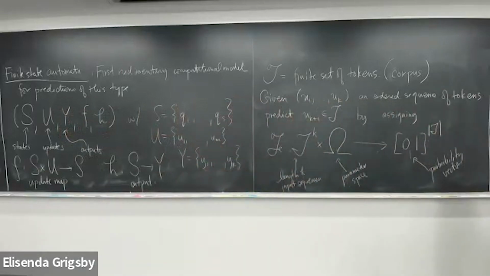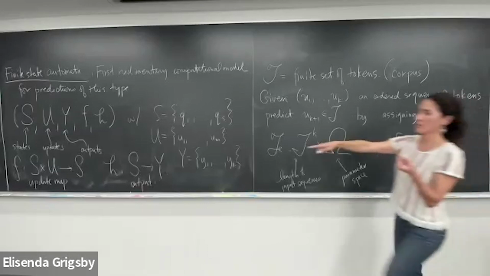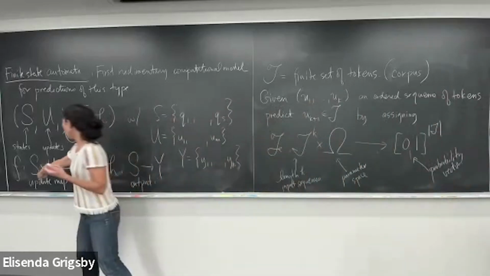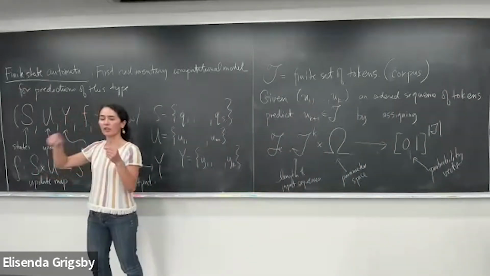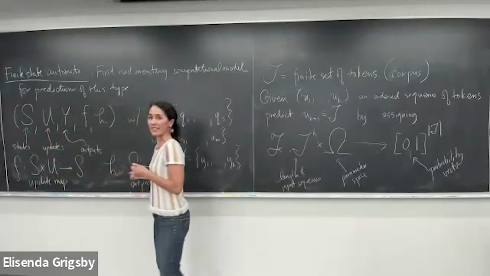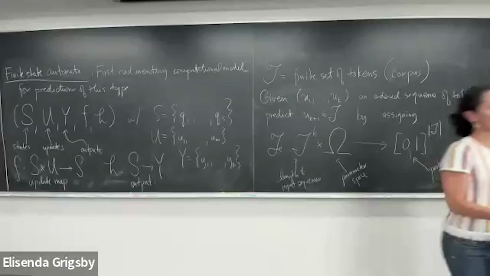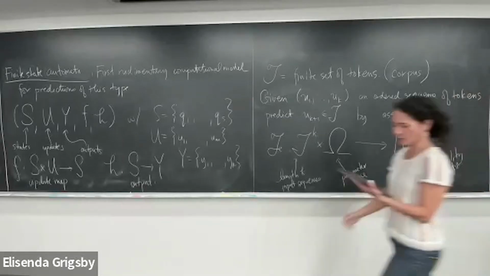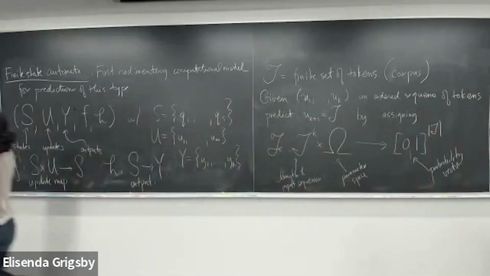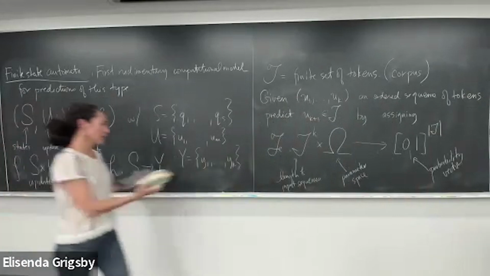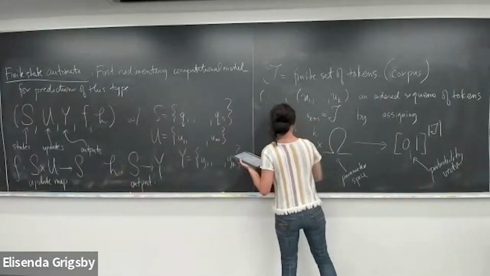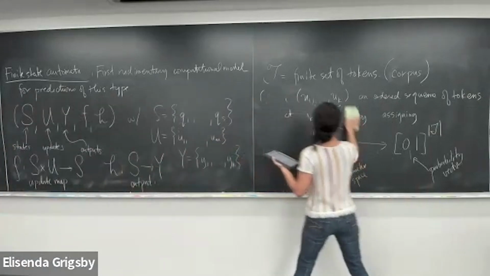And what you do is you take your initial state, and for each element of the string of updates, you apply this map F to the pair to get the new state, and then you follow it to the end, and then you apply this output map to get the class. So let me give a very simple example of this. For example, modular addition, modulo any positive integer, is a finite state automaton.